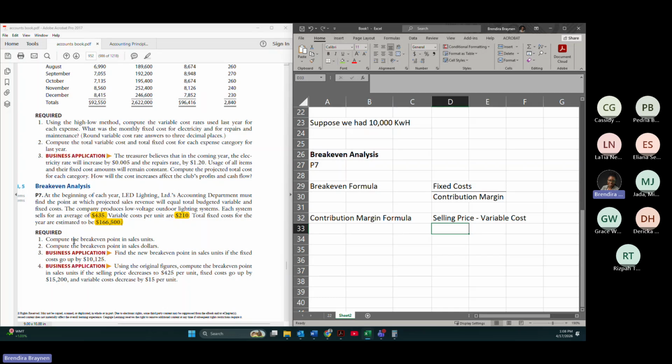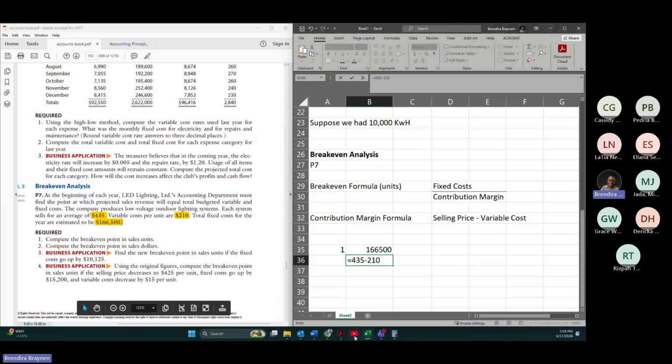Okay, so to find the break even in sales units, and this is the break even formula in units, sorry. To find it in units, I'm going to take my fixed cost. So for question 1, my fixed cost, which is $166,500, and I'm going to divide that by my contribution margin, which is selling price minus variable cost. Selling price is $435. Variable cost is $210.